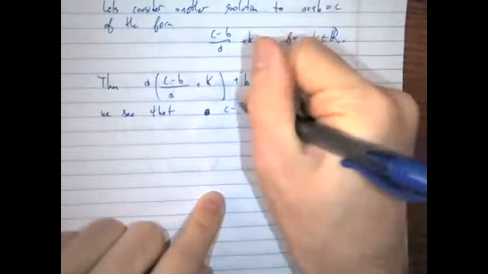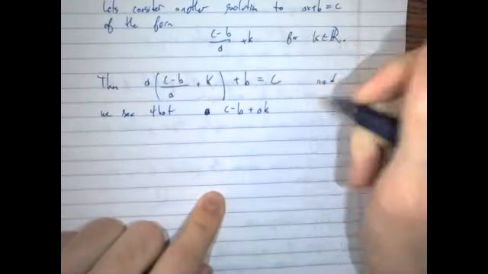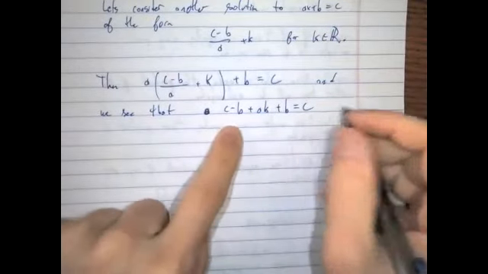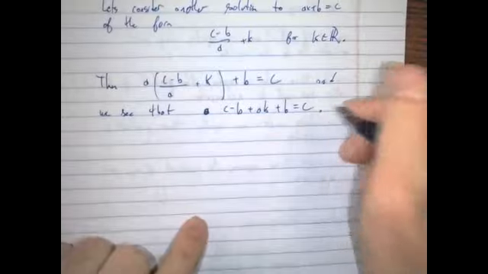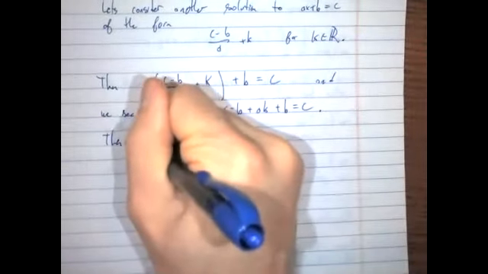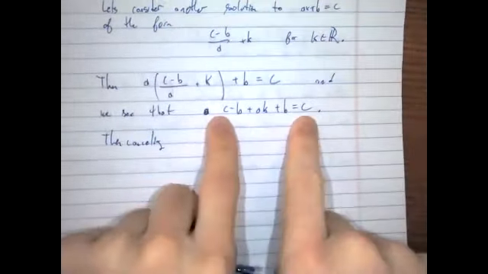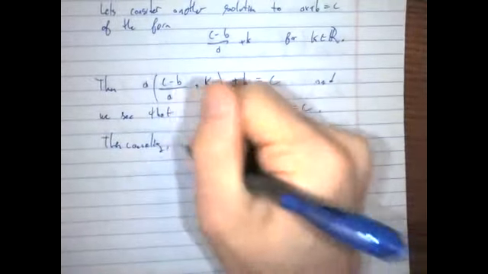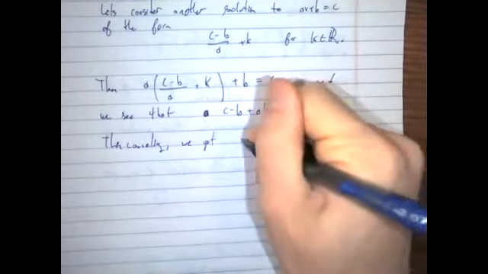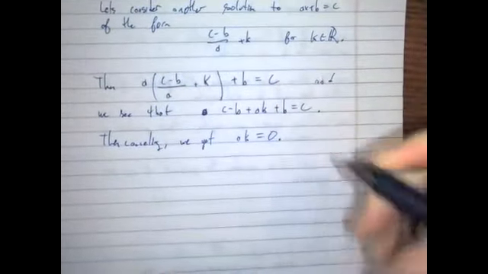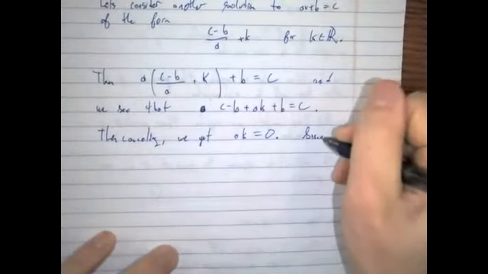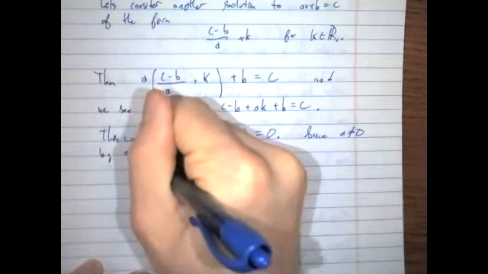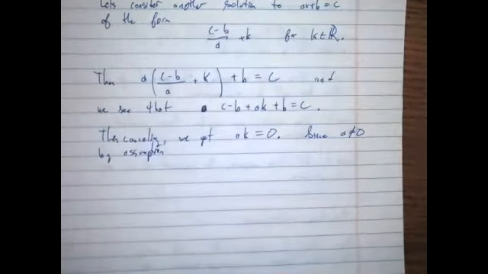So I'll get c minus b plus a times k plus b is equal to c. Then canceling, I'm going to cancel a c from both sides by subtracting, and then the negative b and the b will cancel. We get a times k is equal to 0. Since a is not equal to 0 by assumption, what do we conclude?